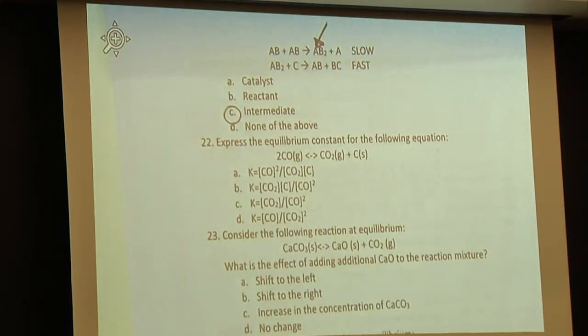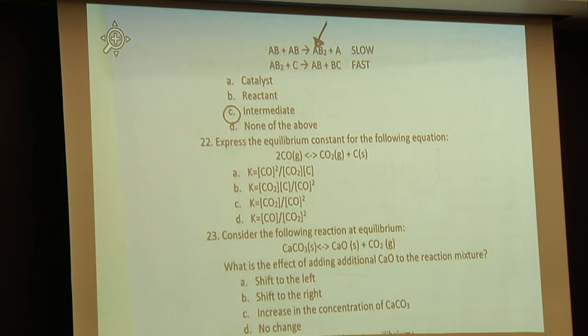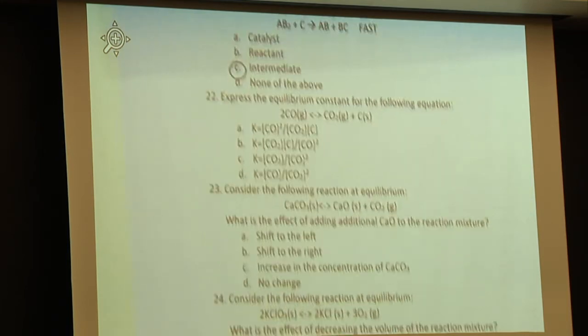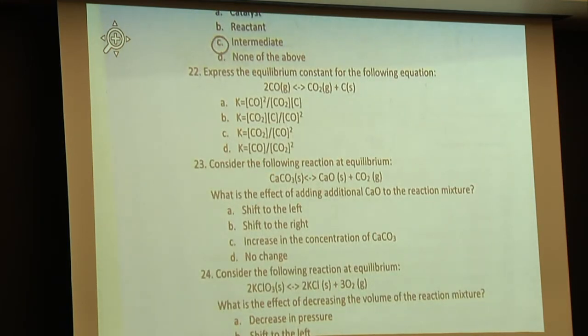What would be AB? Or one of the ABs? It'll be a catalyst. So one of the ABs is acting as a catalyst. All right, easy question.